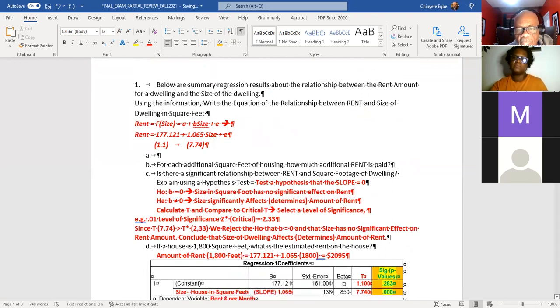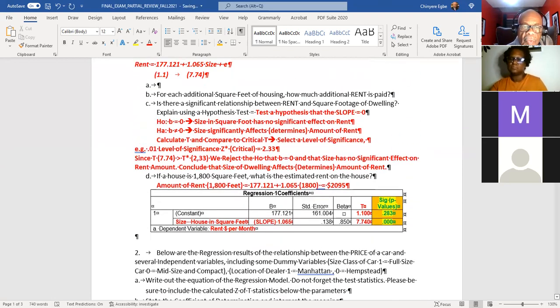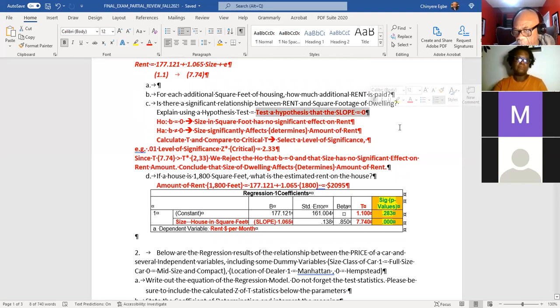And so if you see a question like this in the exam, I want you to respond very diligently. If I ask, is there a significant relationship? I want you to tell me, first of all, that you're going to test a hypothesis that the slope is 0.